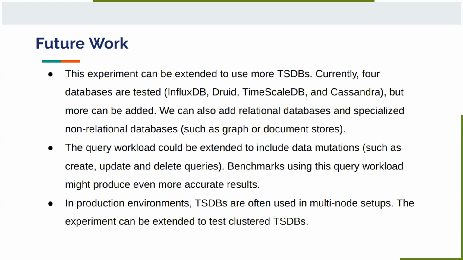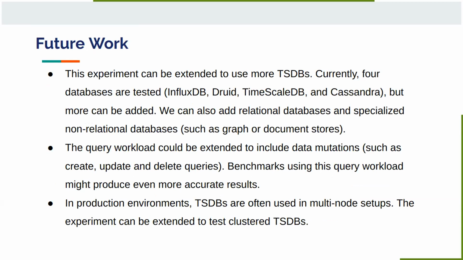So talking about some future work. In this experiment, I have used only 4 databases: InfluxDB, Druid, TimescaleDB, and Cassandra. But more can be added further, and we can also add relational and non-relational databases as well.